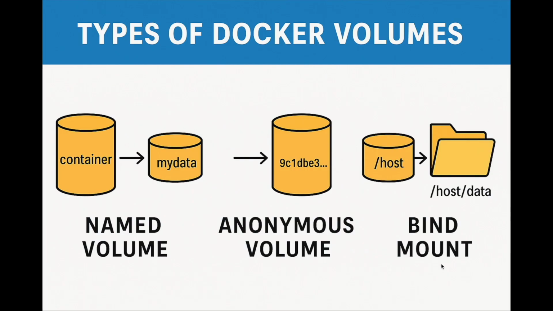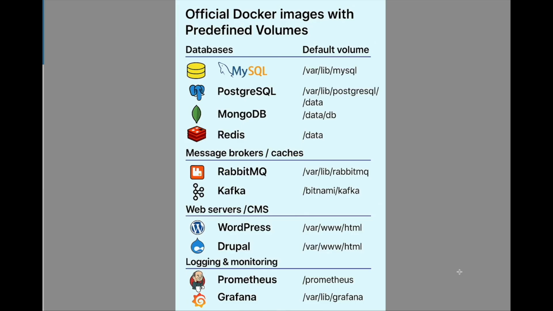Bind mounts directly connect your local files to containers. Official Docker images come with predefined volumes. Many popular Docker images come with pre-configured anonymous volumes to keep critical data safe by default.